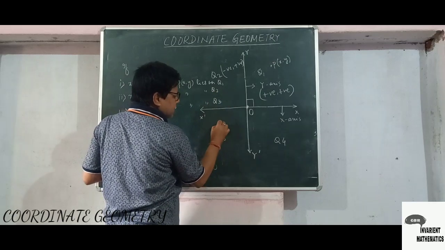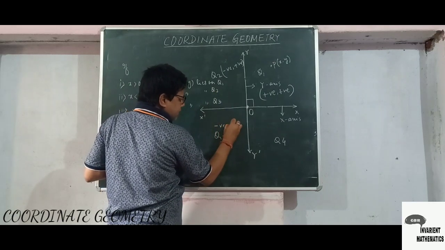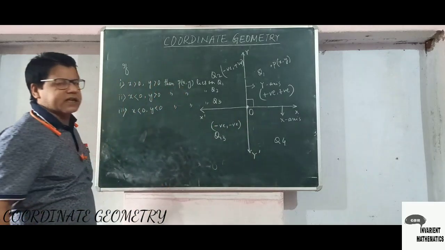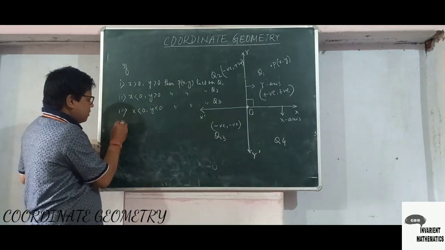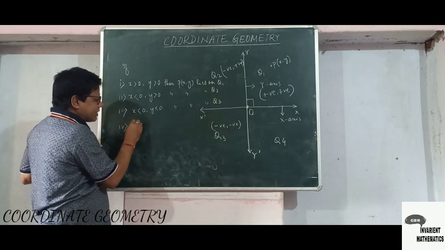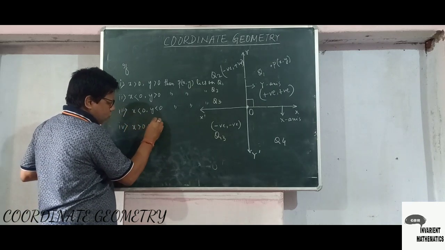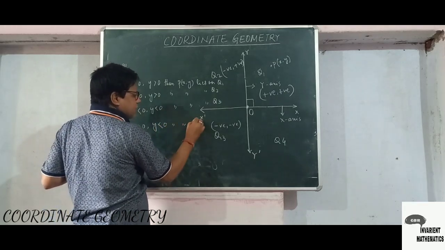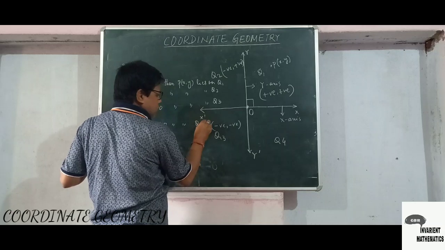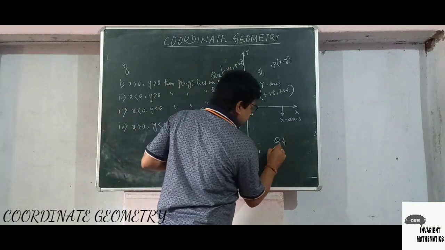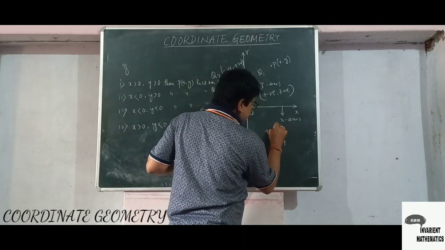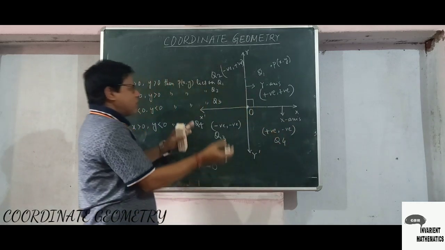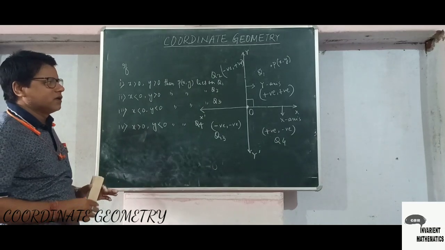That means Q3 is negative, negative. If x is greater than 0 and y is less than 0, then it lies in Q4. That is, here it is positive, negative. These are according to the four quadrants.